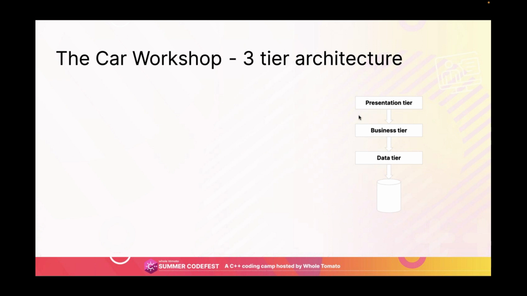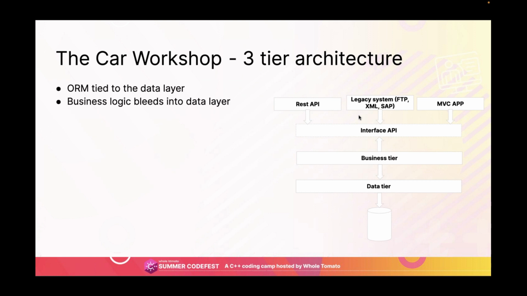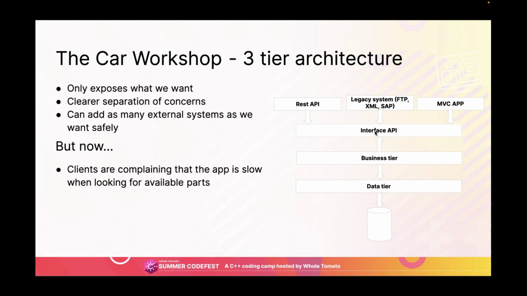So what we will do is, in the middle, we will add an interface, and that interface will be implemented by the business layer, where we will have our use cases, and then our REST API and our other code will use that interface.